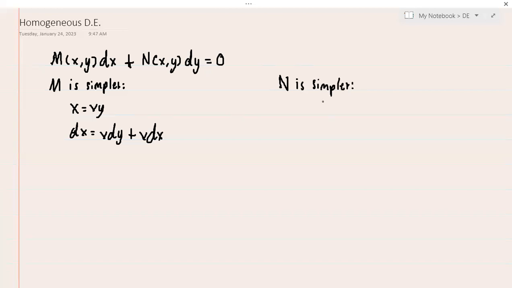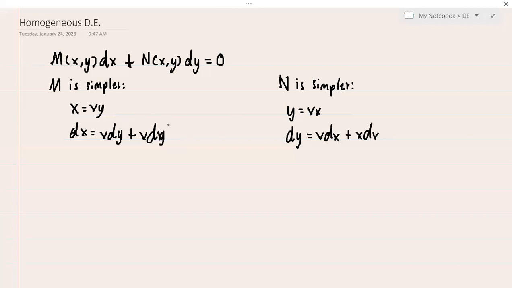Okay, na formula. We will have y is equal to vx. And itong si dy, magiging v dx plus x dv. Ay, by the way pala, mali pala to.